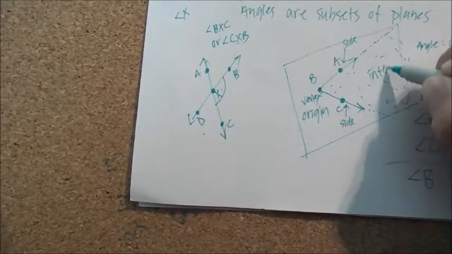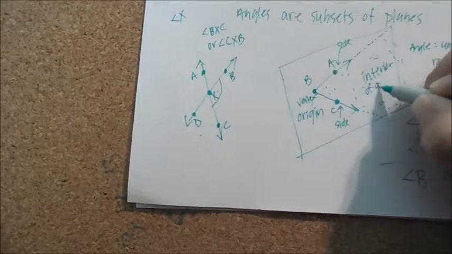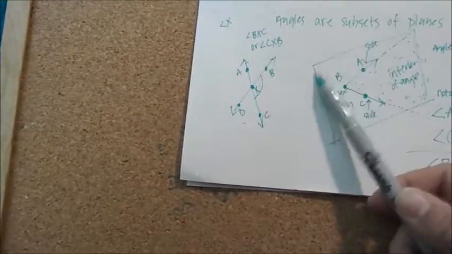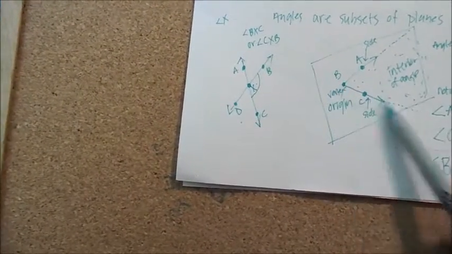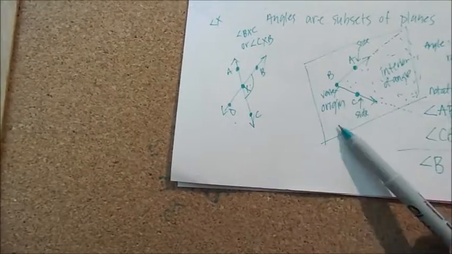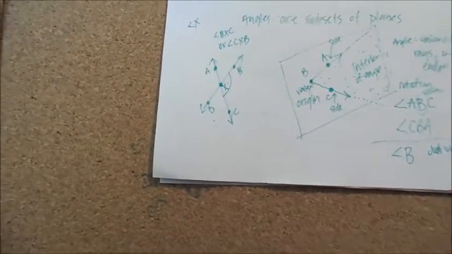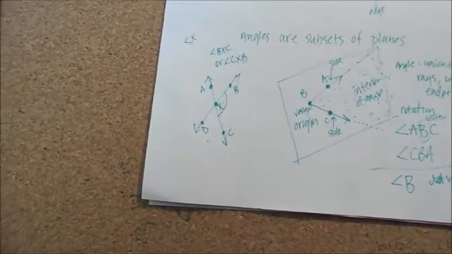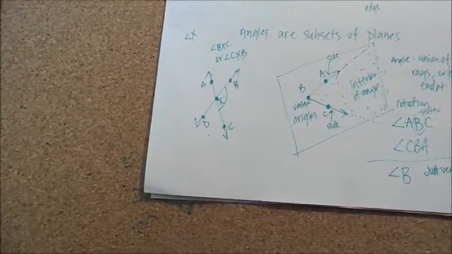This is going to be the interior of the angle. All right, and then what that does is it puts all of these points that you would find outside of this line and this line on the exterior. So that's what you have for interior and exterior.